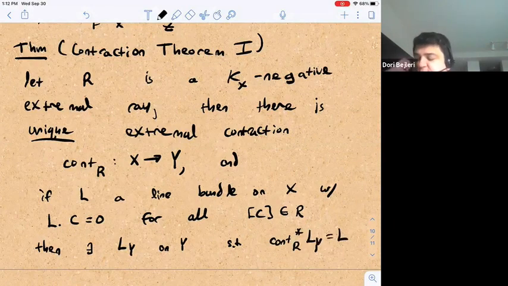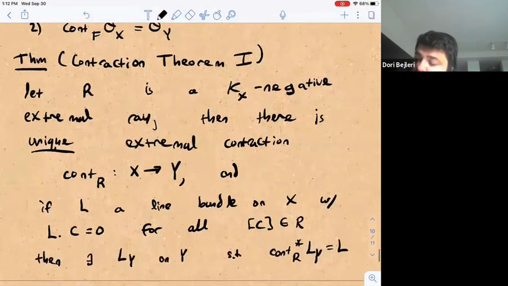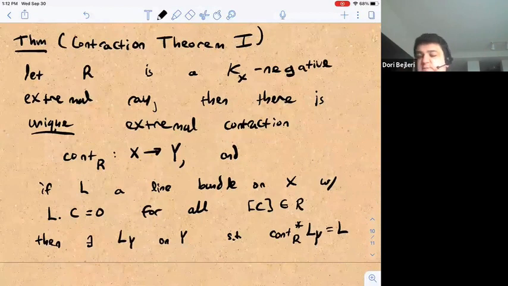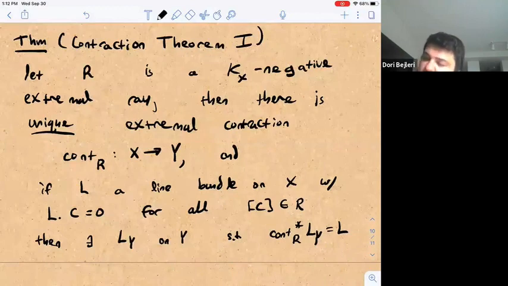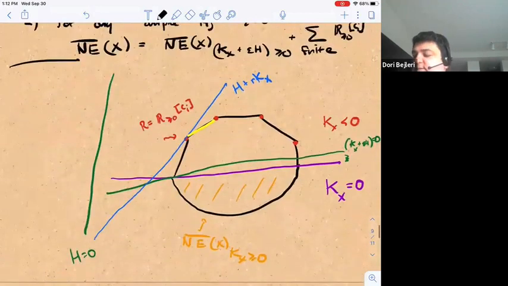So this is maybe reminiscent of what we just talked about in the case of these canonical contractions as well. There I should have put O_Y, not O_Z. Okay, so that's the contraction theorem. So now the starting point of the minimal model program is you prove these two theorems, and now you say, suppose KX is not nef.